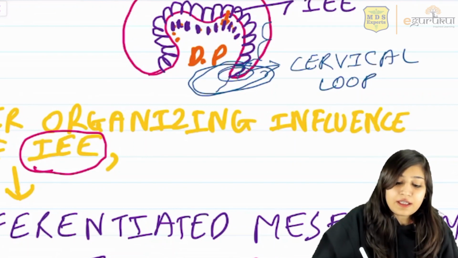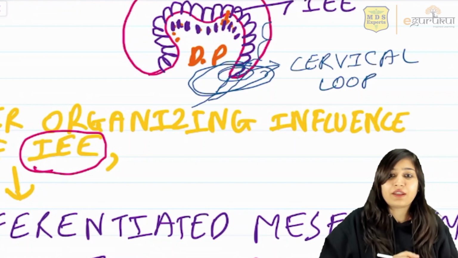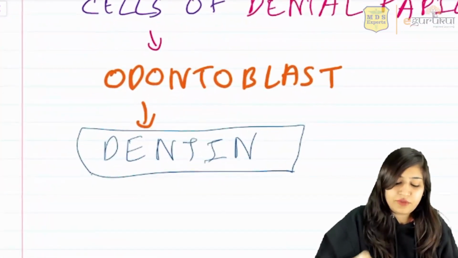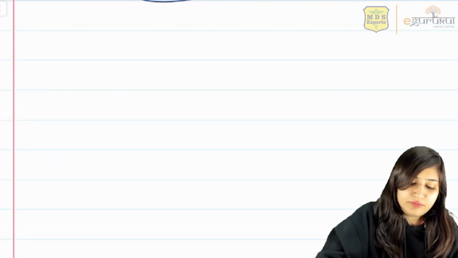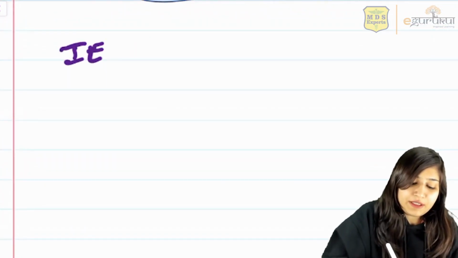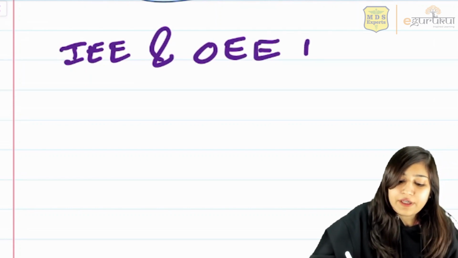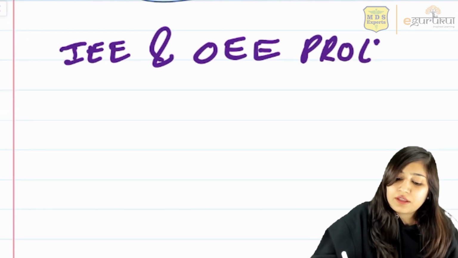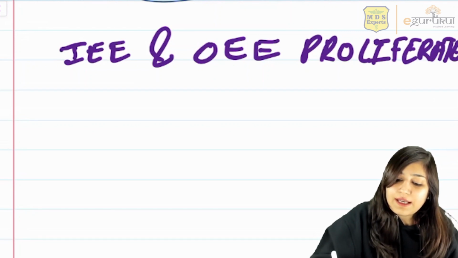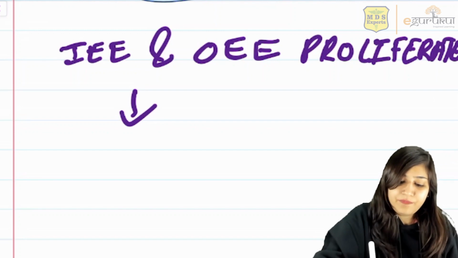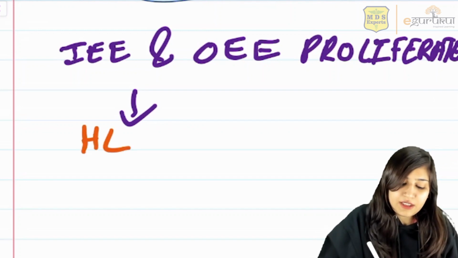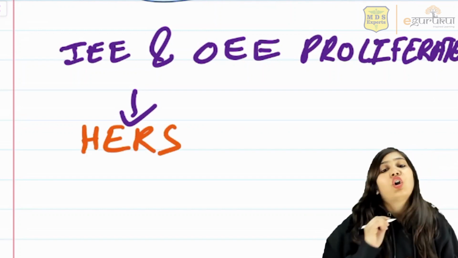This layer further proliferates. So inner enamel epithelium and outer enamel epithelium proliferate, and they form what? HERS. Again, the role of HERS.